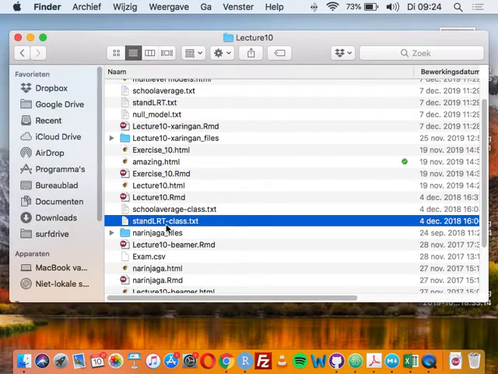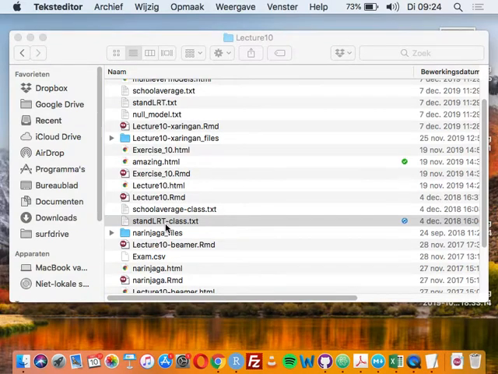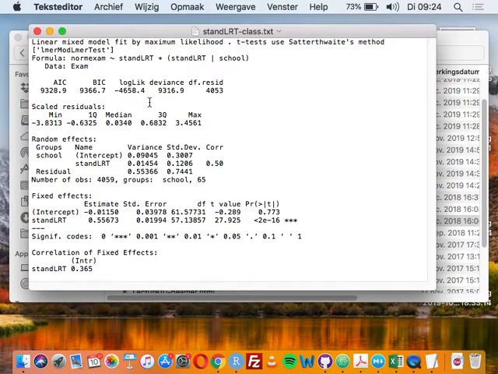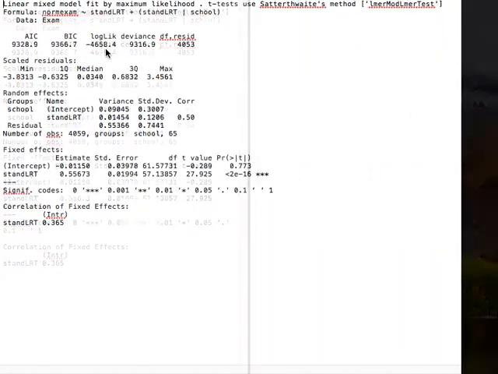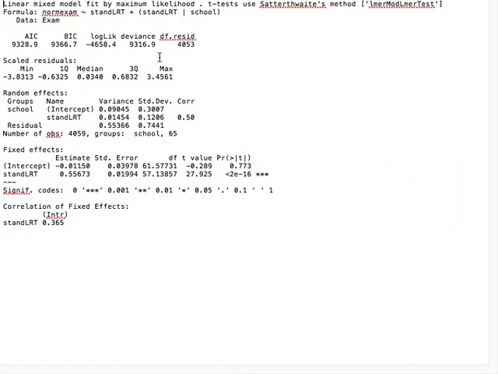Stand LRT. So this should be it. It prints this stand LRT effect, and you can see it's significant.